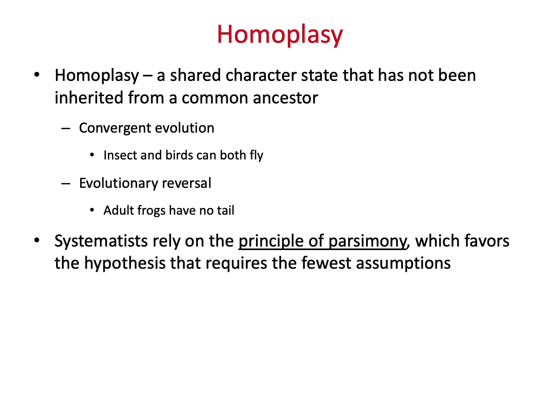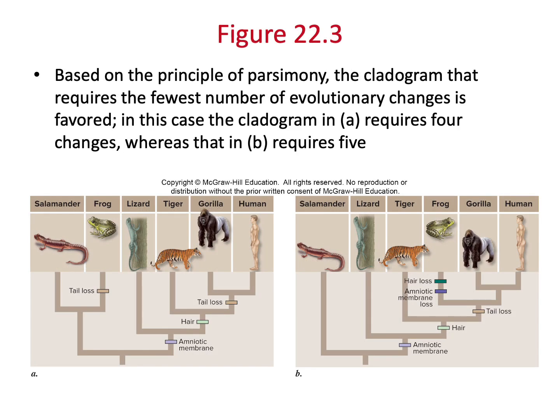The principle of parsimony is a way to avoid this kind of situation where your evolutionary relationships can get misled by homoplasy. So systematics relies on the principle of parsimony, which prefers the hypothesis that requires the fewest assumptions. So parsimony favors the hypothesis that requires the fewest assumptions. So let's look at what parsimony is.